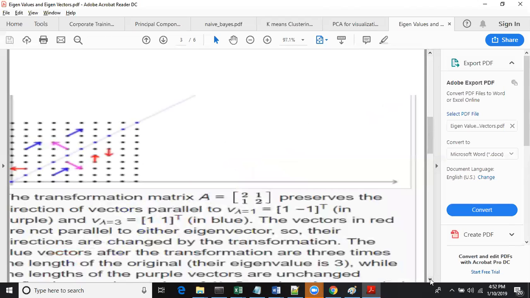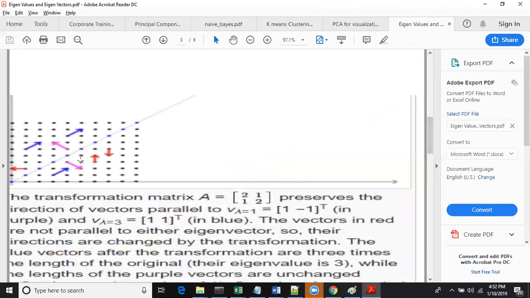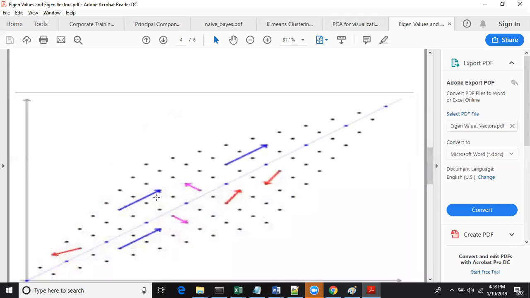The reds, if you see, change the direction, right? The red arrow, you can see the change in direction from this one. So that's why these are not eigenvectors. Eigenvectors are those which, when we transform the image, do not change direction, but the value can be changed. And the value has been increased 3 times, so the eigenvalue of the blue is 3, and this is 1 because it does not change its length.